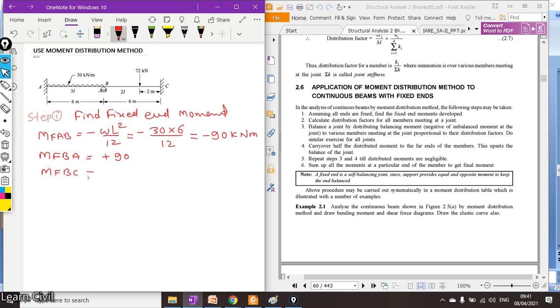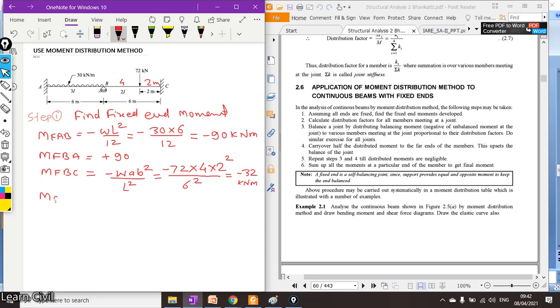MFBC, the formula will be minus W A B square upon L square. We have W equal to 72, A is 4 meter and B is 2 meter, so 4 into 2 square divided by L square, that is 6 square. So this is equal to minus 32 kilonewton meter.